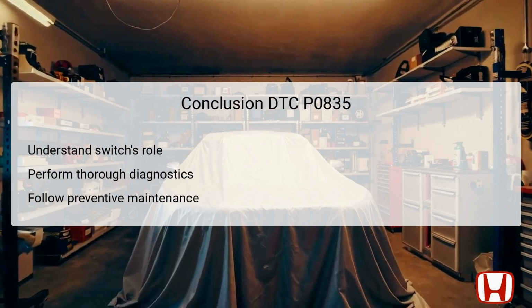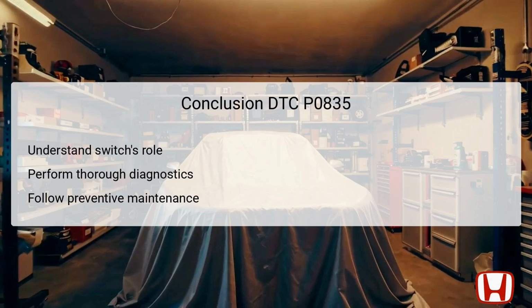In conclusion, understanding the role of the clutch pedal position switch B in a Honda Civic is critical in troubleshooting DTC P0835 effectively. This component directly influences the vehicle's ability to engage and disengage from the engine, impacting overall driving performance and convenience, particularly during manual driving and use of cruise control.